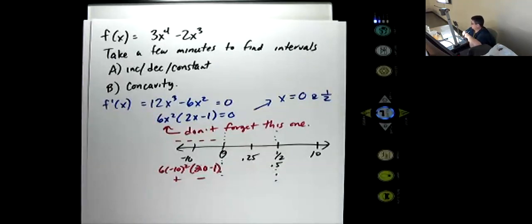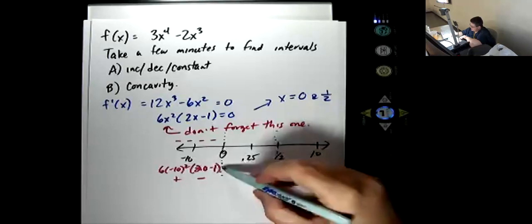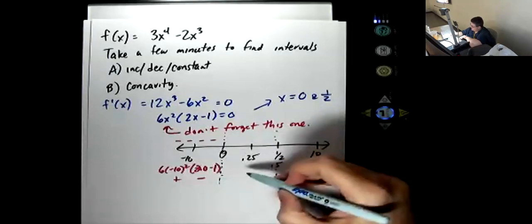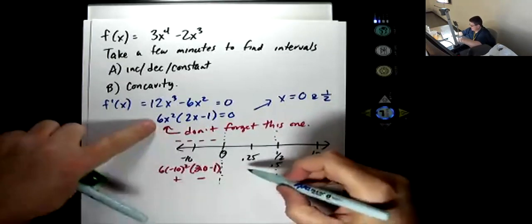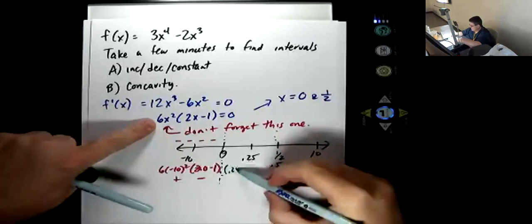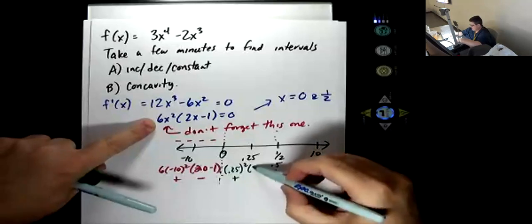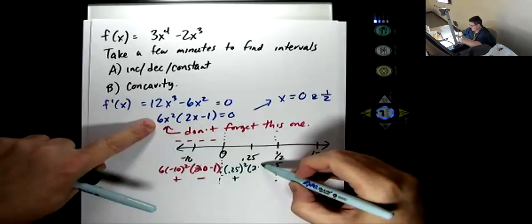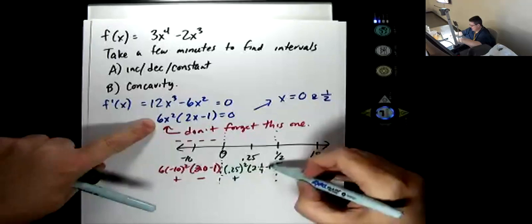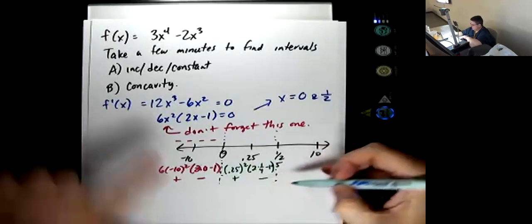With that in mind, while 0.25 may have sounded hard to deal with plugging in, I just need to know if it's positive or negative. The 6 is always positive, so 0.25 squared, that's positive. And 2 times 1/4 minus 1, that's negative.